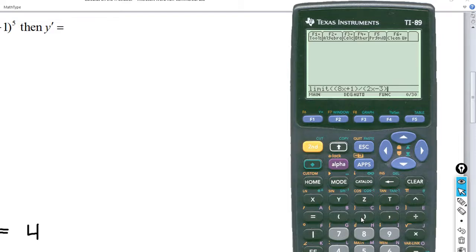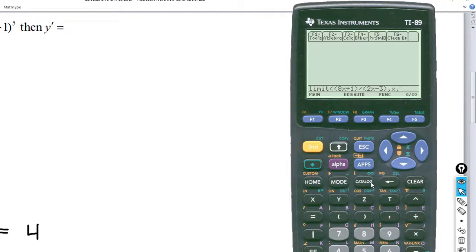And then I'm going to indicate the variable here, so I'm going to put a comma, x, and then a comma, and again, you could have limits as x goes to infinity or minus infinity, or x could go to a number like 2 and so forth. But here it's infinity, so the second value I put will be infinity, and that's in the catalog.